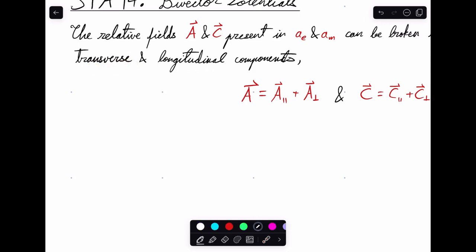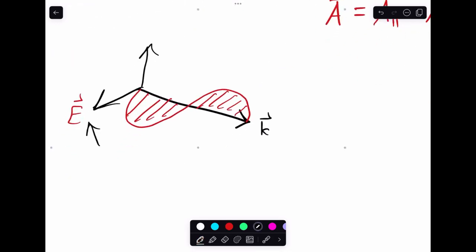So for example, with the traditional view of an electric field propagating in the k hat direction, the electric field points perpendicular to it, and this is called a transverse field, because the direction of motion is this way, but the field points out in this direction.